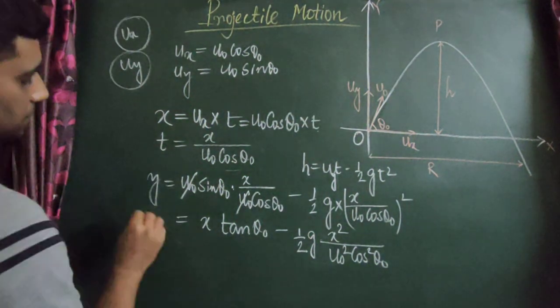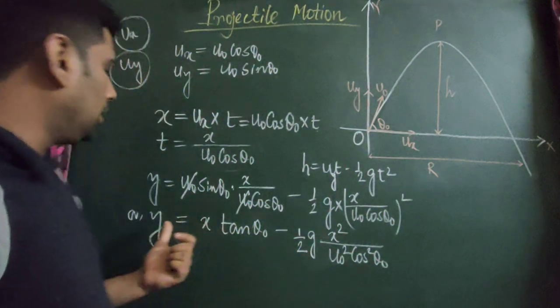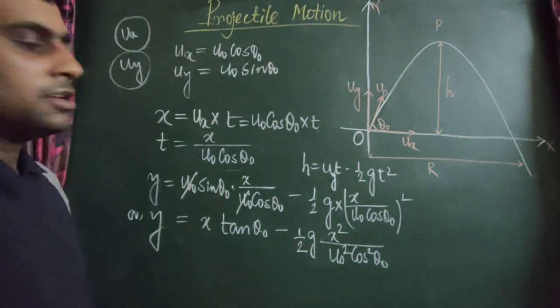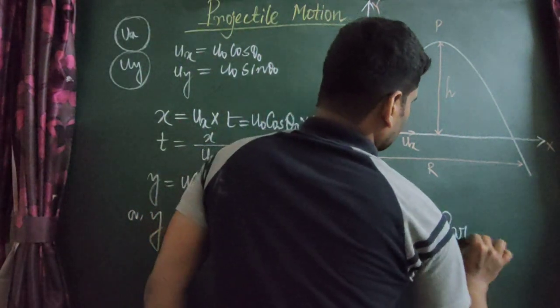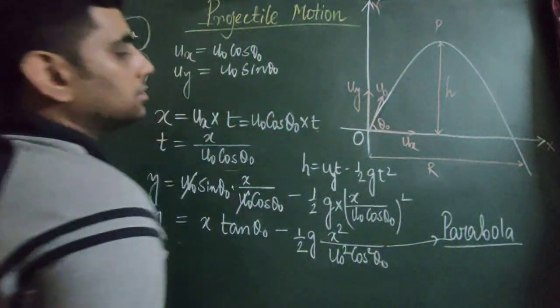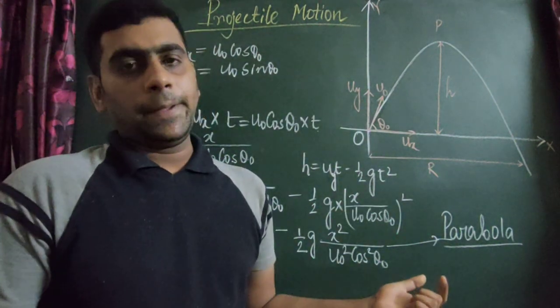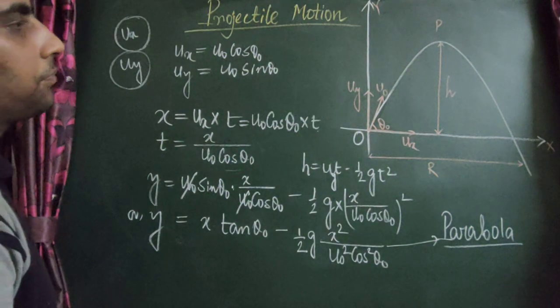Now as you can see, this expression is quadratic in x and linear in y. So this denotes a parabola. That means the path of the projectile, or the trajectory, is parabolic. So from here we can prove that the path is parabolic.